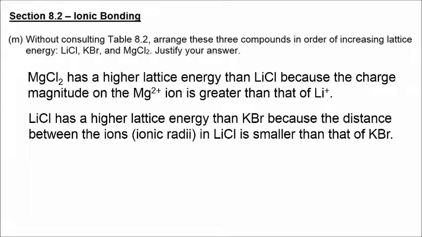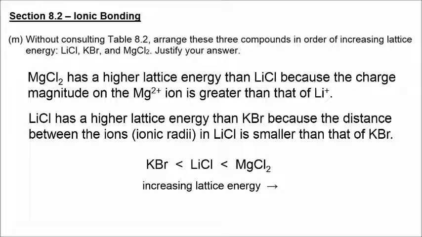And since lithium ions and chloride ions are smaller than those of potassium and bromide, the distance between the ions in LiCl is going to be smaller than that of KBr. So KBr has the weakest attractive forces, followed by lithium chloride, and then finally magnesium chloride. They are arranged in order of increasing lattice energy.